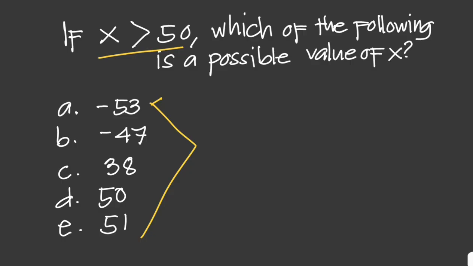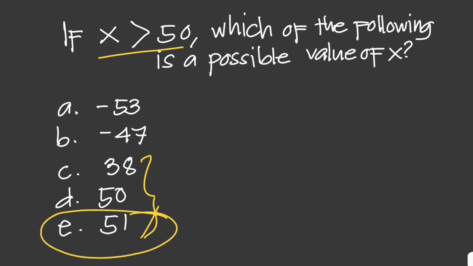Negative 53 is a negative number, so of course this one is less than 50. So this cannot be, as well as negative 47. How about these three positive numbers? 38 is definitely less than 50. 50 is just equal to 50. So the best answer here is letter E, 51, which is greater than 50.